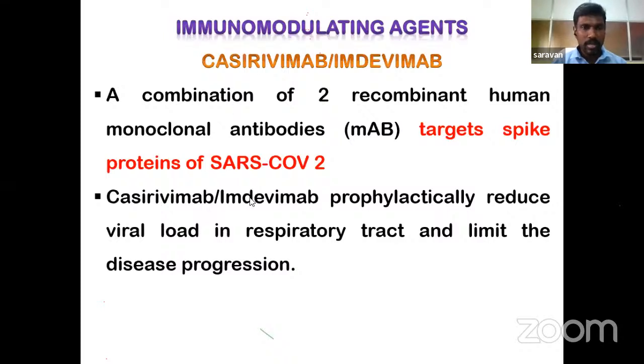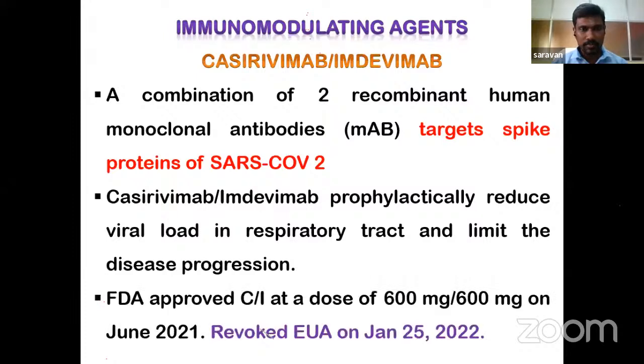Casirivimab and indevimab are used to reduce the viral load in the respiratory tract and limit the disease progression in infected individuals. The FDA had approved the usage of casirivimab and indevimab, 600 milligram each, for COVID-19 management.